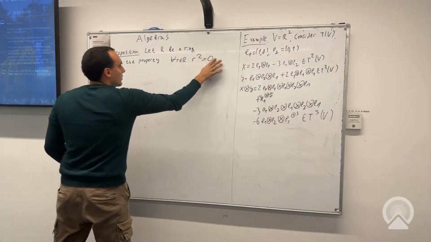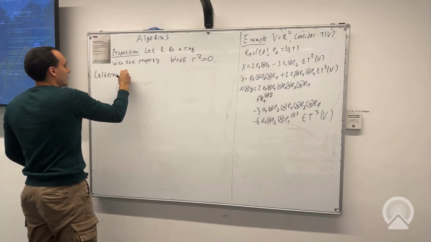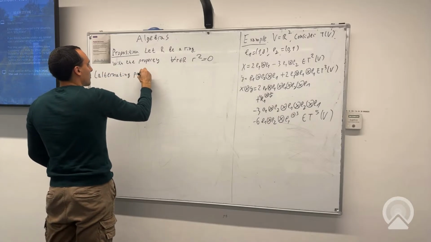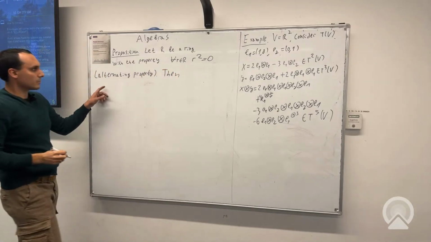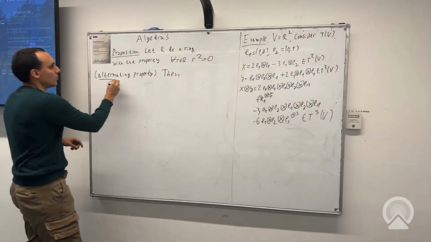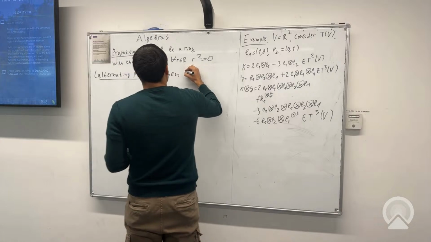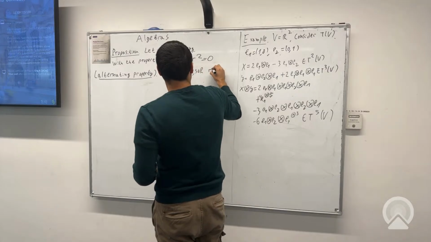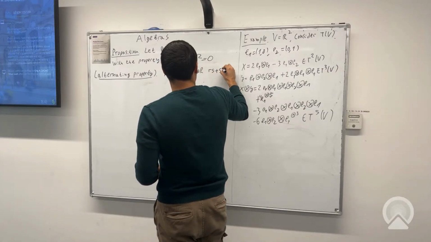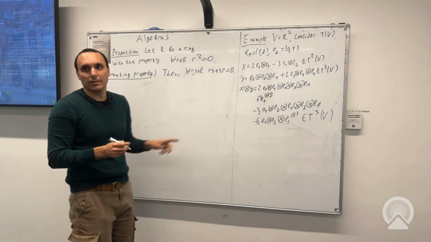This is the alternating property. I'll use this as a definition in the future. Then for any R and S in the ring, R times S plus S times R is 0, or RS is minus SR.